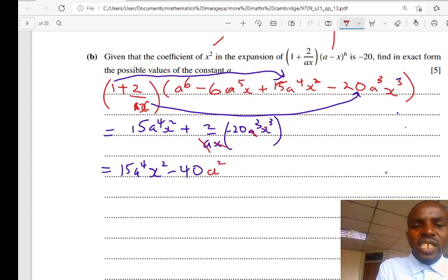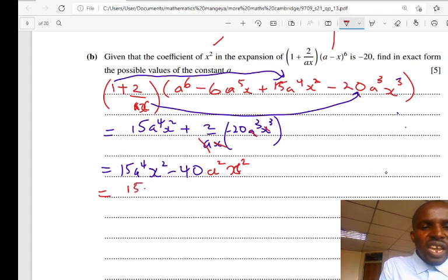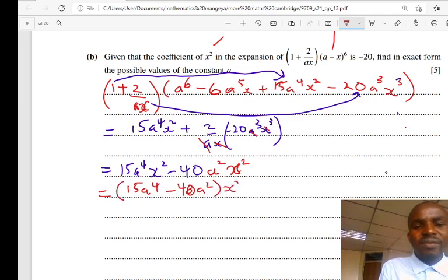Then x and x cubed is x squared here. So these are the terms in x squared. I can factor out my x squared here. Then it will be 15a^4 minus 40a squared, then x squared.